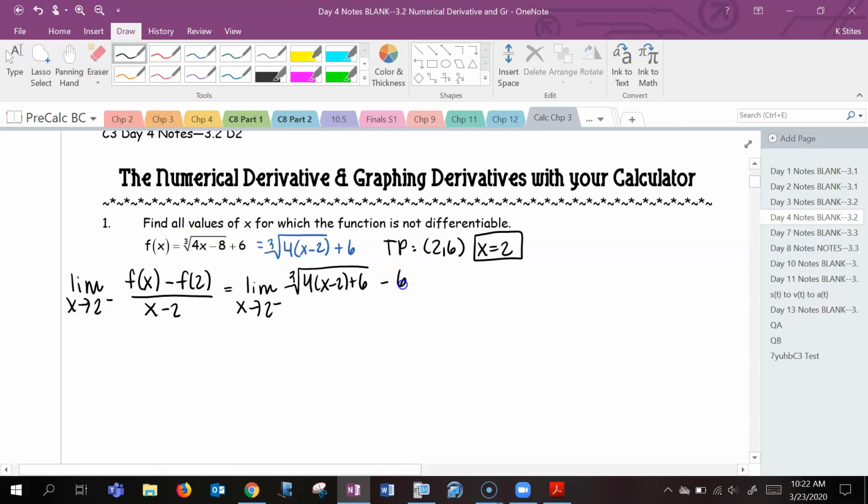So I'm just putting 6 all over x minus 2. Keep on trucking. Oh, and I also wrote this wrong. Gosh, guys, I'm struggling. That plus 6 is outside of the cube root, which actually makes our life easier, right? Because then those 6's are going to cancel.